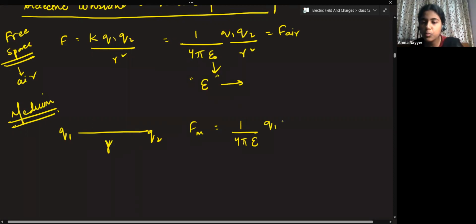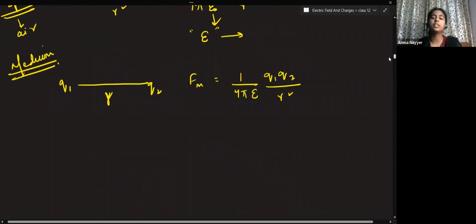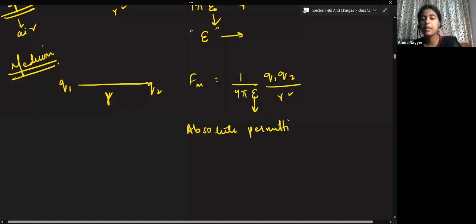Then it will be Q1 Q2 divided by R square. Here epsilon is not the relative permittivity; it becomes the absolute permittivity of the medium.